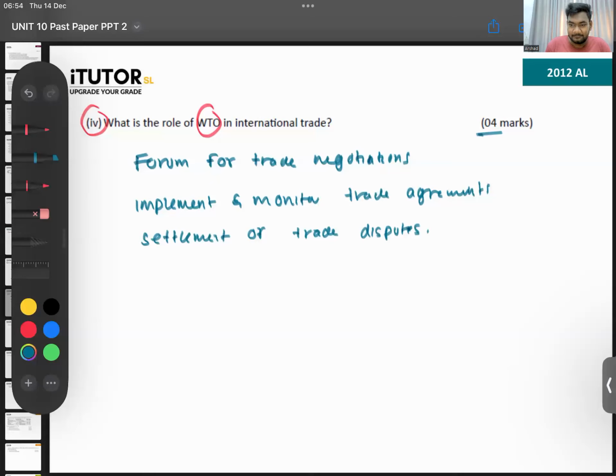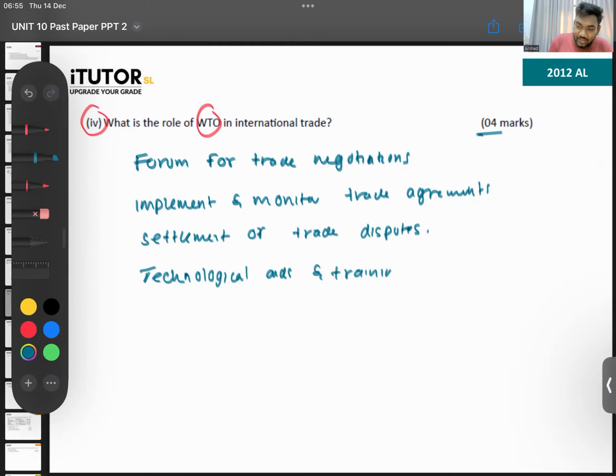Cooperating with other organizations, okay, but not a main role. Yes, you can say providing technological aids and training programs, perfectly fine.